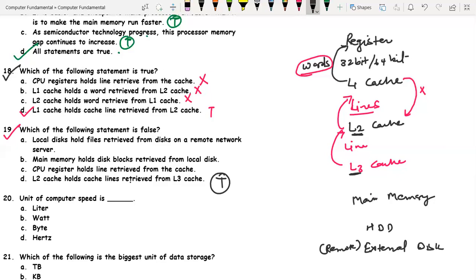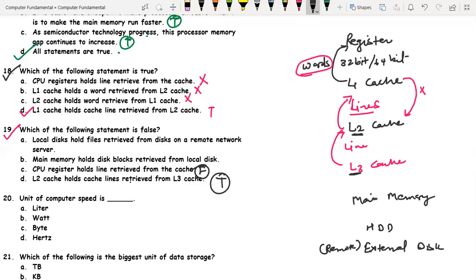What about this statement? CPU registers hold lines retrieved from the cache memory. True or false? I think that's false, because it holds words. CPU registers hold words retrieved from the cache memory.